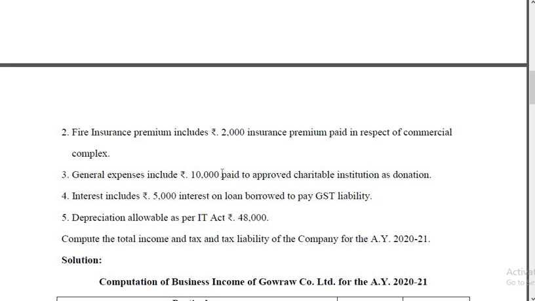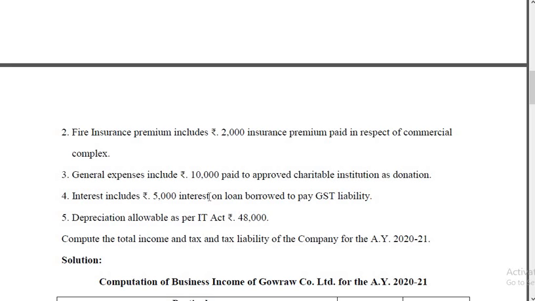Then a deduction is available under 80G. So you compute total income. Then there are general deductions starting from section 80C to 80U. So under 80G this item has to be taken. Once you add back while computing business income, take it while computing total income. I mean to say gross total income minus 80G.